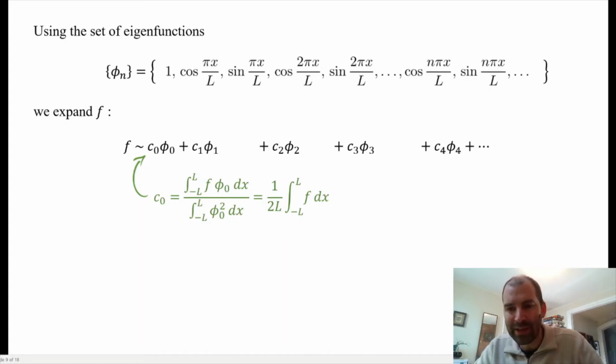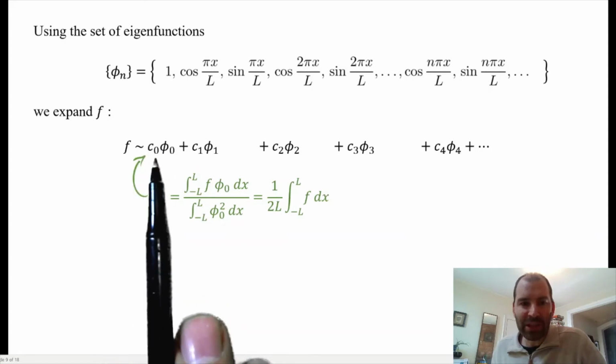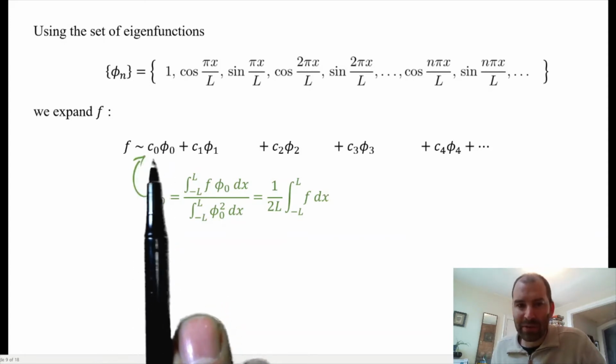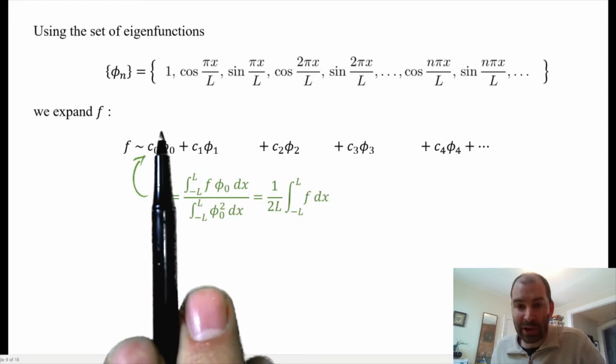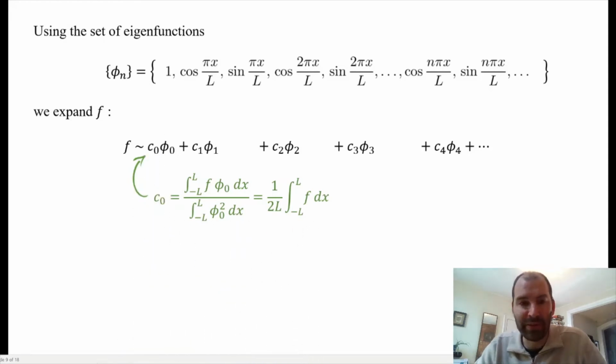Did you get it? Yeah, this is just the average of f on the interval minus L to L. So that's a really neat observation, that the first projection coefficient, the 0th Fourier coefficient, is just the average value of f on the interval.